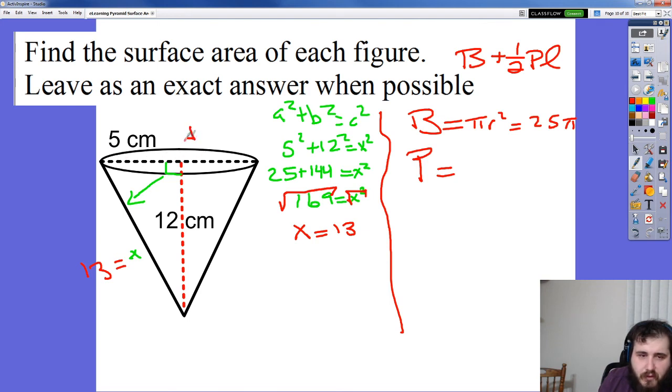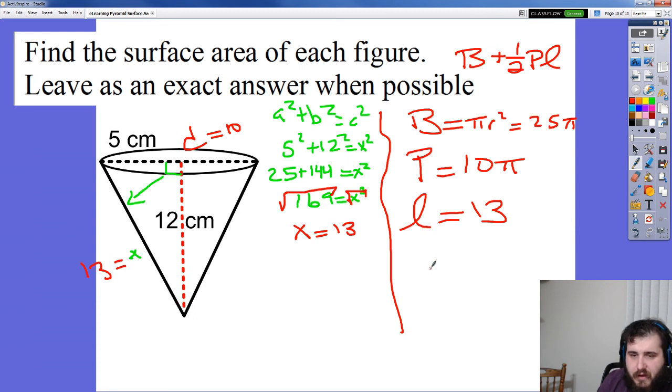The diameter is 10, right? The radius is 5. The diameter is twice as big as that. That's 10. And then just put a pi on it. And then your slant height, we figured it out already. It is 13. We did all this hard work right here to find that the slant height is 13, and then just go ahead and plug it in.